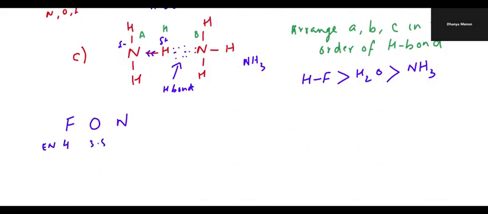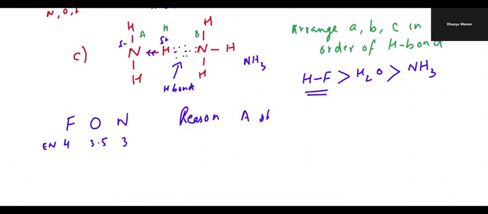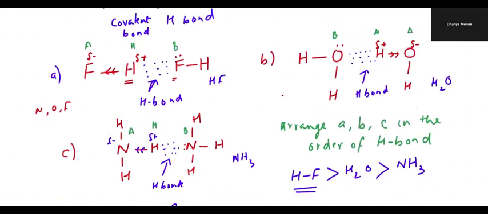So based on this, who is highly electronegative? Fluorine. So HF bonds will be stronger compared to water and ammonia. What is the reason you will write? A should be highly electronegative, so that's the reason I have written A in all of them. See, AHB, AHB. The atom that is covalently bonded to hydrogen should be highly electronegative. The more electronegative that atom, the stronger is the bond.